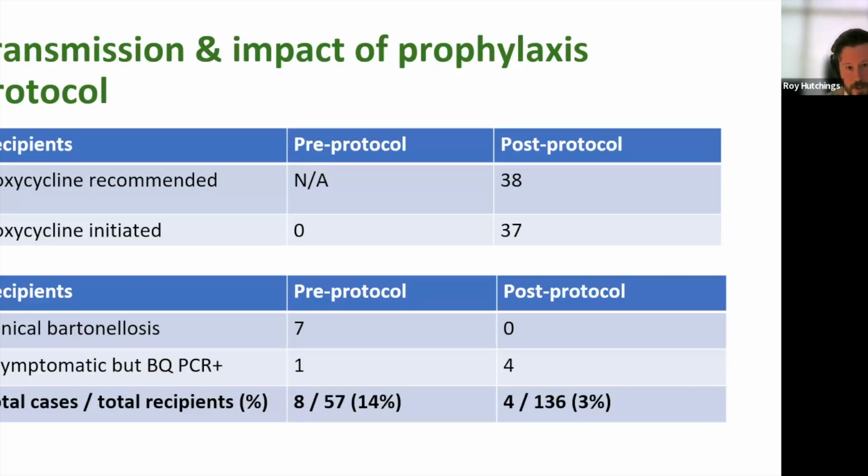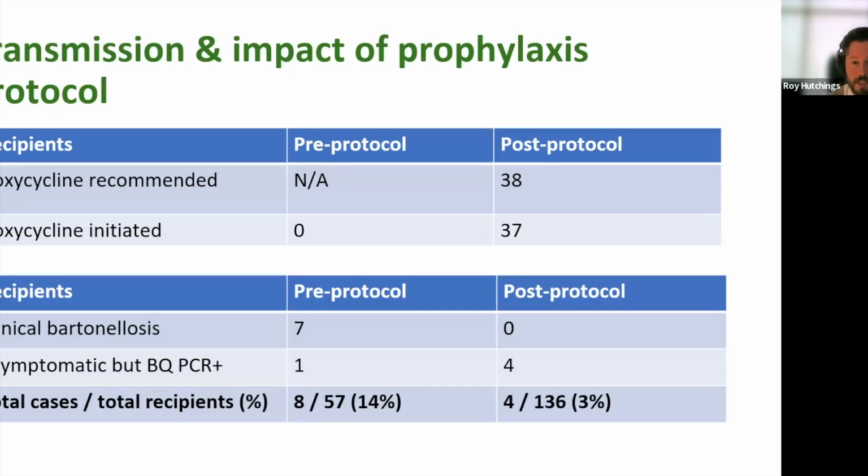In the post-protocol period, those 4 clinician-initiated PCR tests were done because the donor was either PCR positive or had very high serology, and in all 4 cases, they were tested right before doxycycline prophylaxis was initiated, and they all took their doxycycline prophylaxis or initiated it and never developed clinical disease.